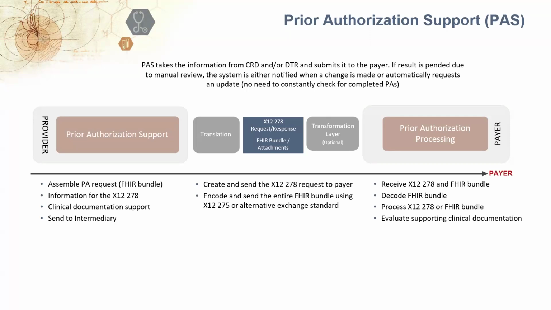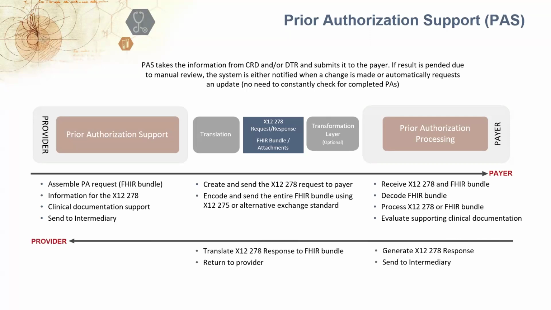Most likely, and it's not shown on here, there will be an intermediary, whether it's independent or part of the payer, that will take that, can do the translation, can actually send it over to the payer, and the payer can take advantage of the FHIR bundle, can gather the information from the 278, however it wants to do that. And then, of course, it generates the response, sends it back, makes its way back to the provider.